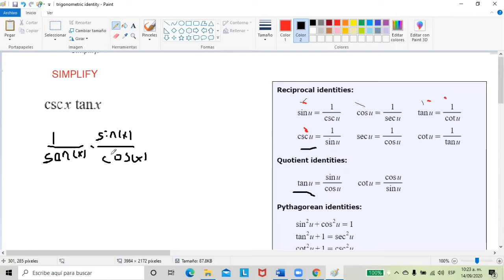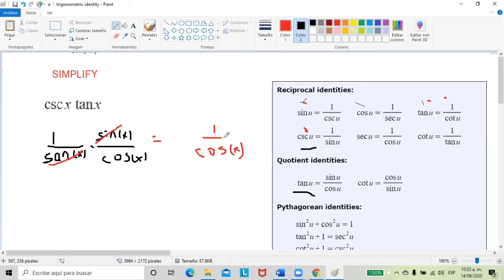This is multiplying, so we can cancel the common factor. This sine goes with this sine, and we have only 1 over cosine of x.